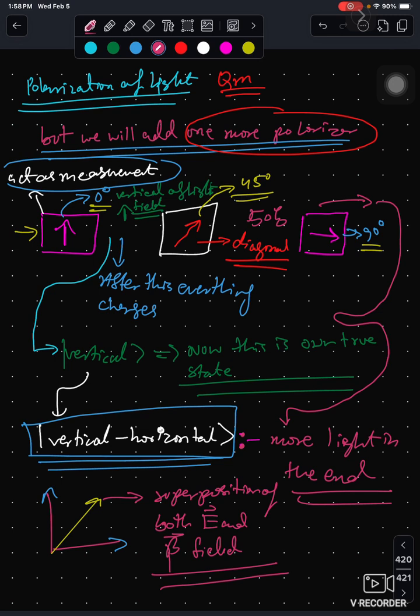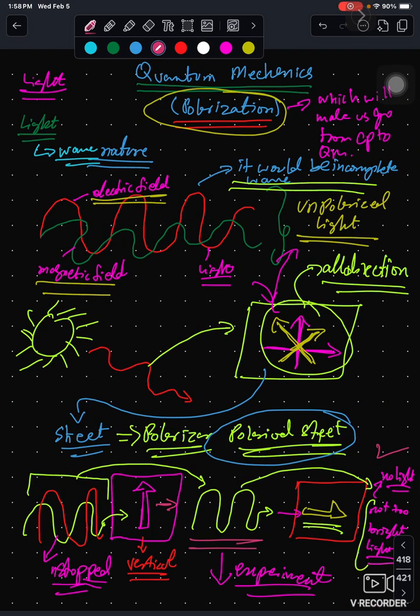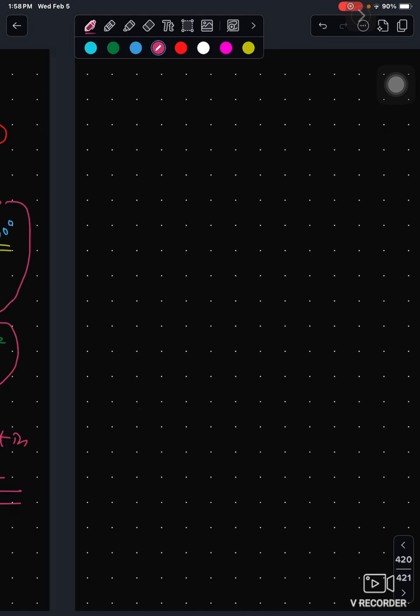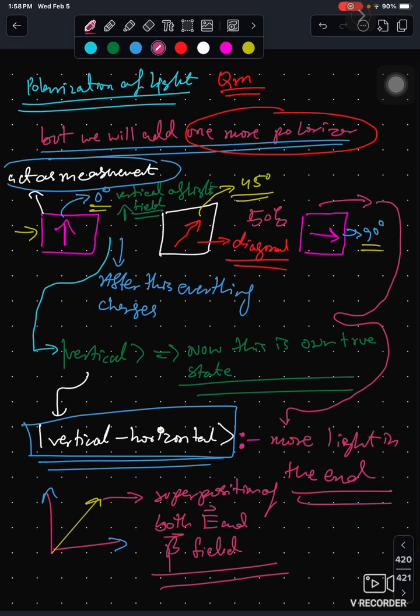as compared to the light we had in this part of the polarization, when we only had vertical and horizontal. So this is why we now have 50-50 chances that some of the light will go through and some of the light will stop.